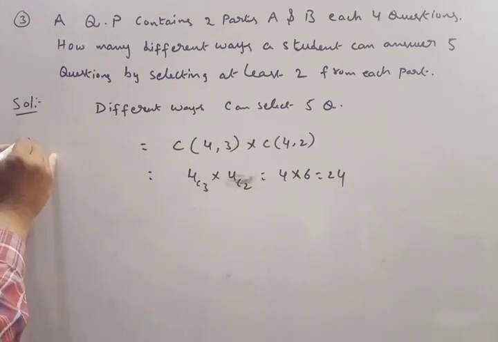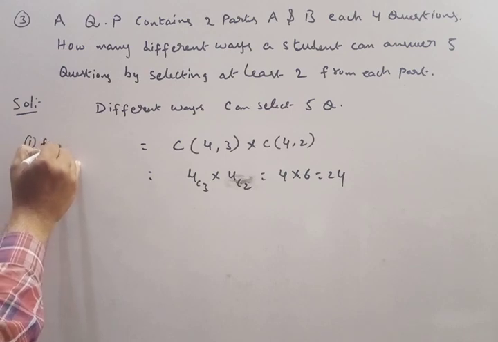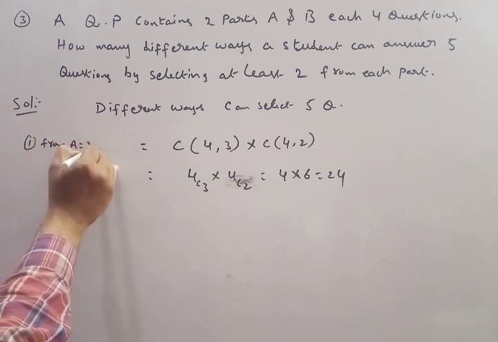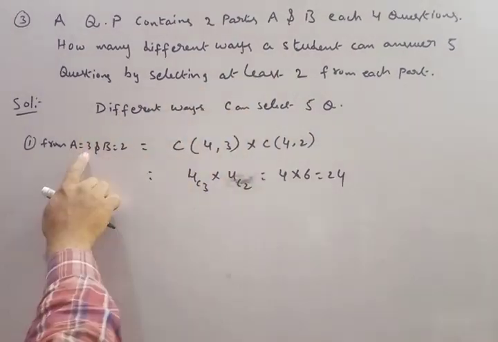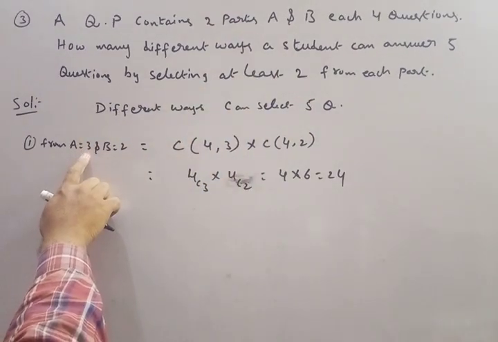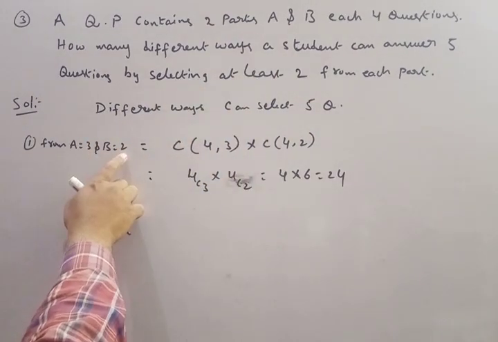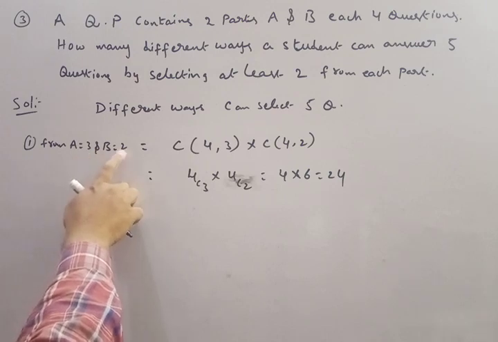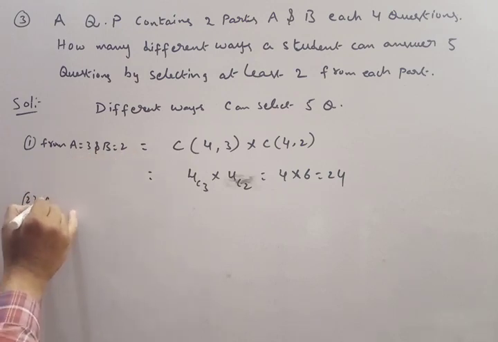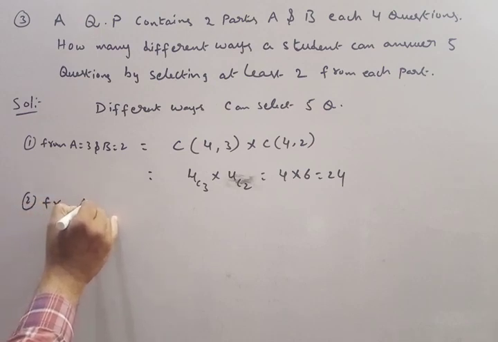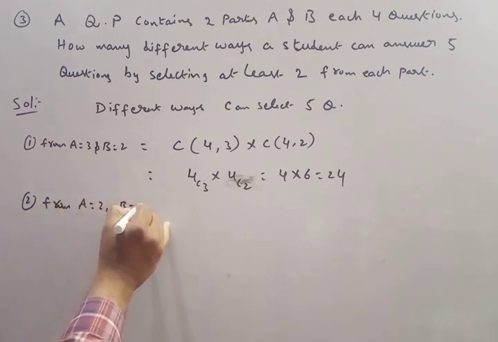If you want, you can write here: from A 3 and B 2. From part A we can write 3 questions, and from part B 2 questions. That means at least 2, right? So 3 also we can take, minimum 2, maximum 3, because if you take 4 then here it will be 1, but the at least 2 condition fails in that case, correct? Then the second case, from A we can take 2 and from B we can take 3.